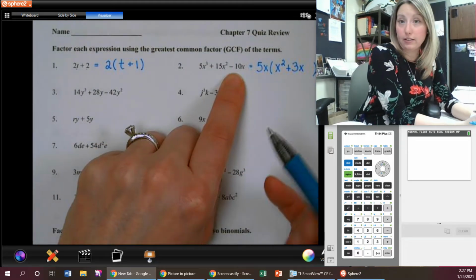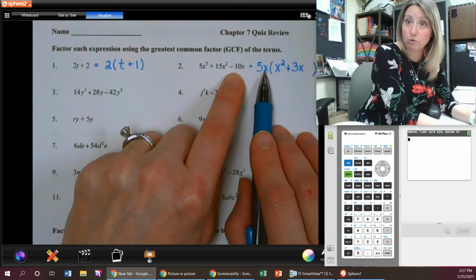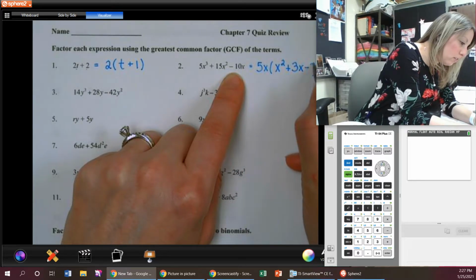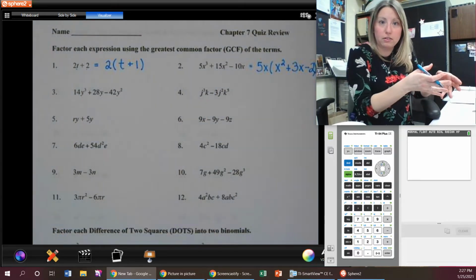Last but certainly not least, negative 10x divided by 5x. Well, x over x cancels out to a 1. So really just my number will remain. Negative 10 divided by 5 is negative 2. There is your leftover with the GCF of 5x.